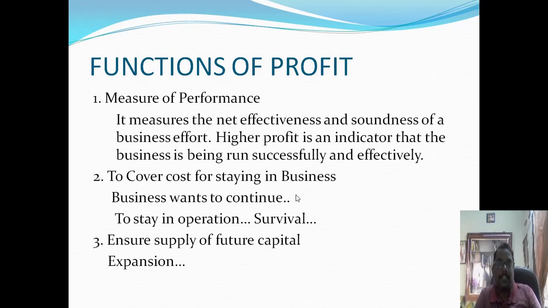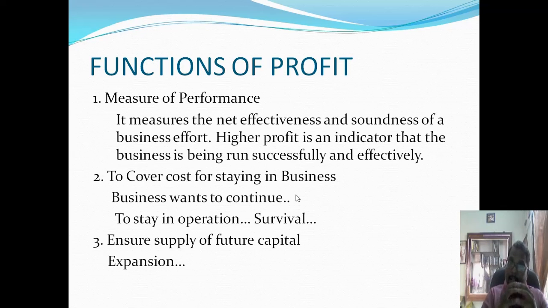When you go to the next function of profit, it has to cover cost for staying in business. The primary aim of the business first should not be the profit. The primary aim of the business is just to survive. It has to do business in the next month, in the coming year. So it has to be very clear, not only raising the profit. Of course, the profit is needed.